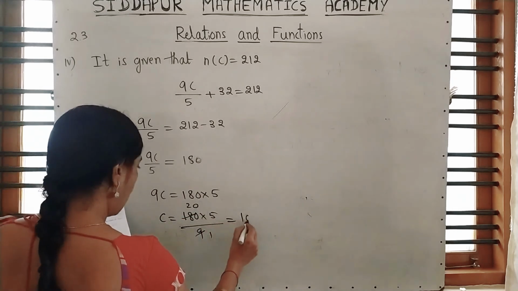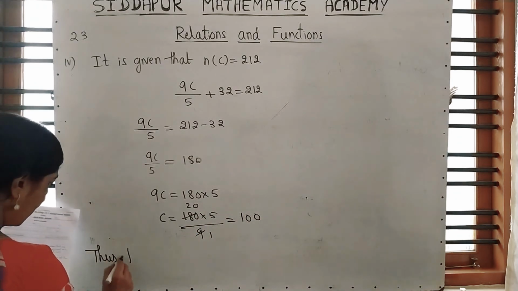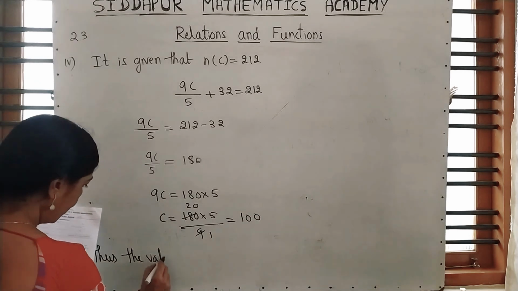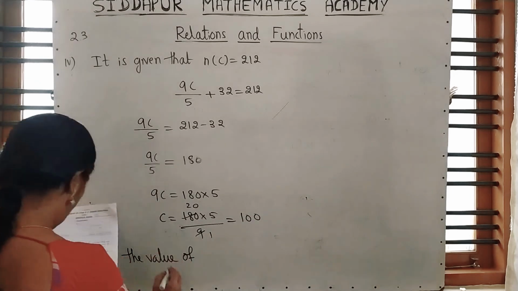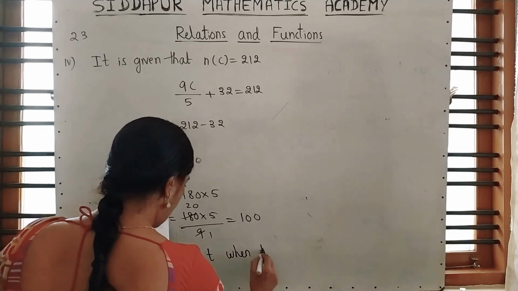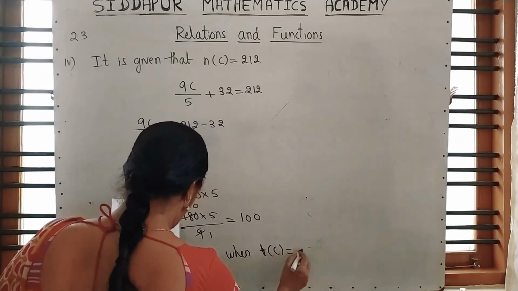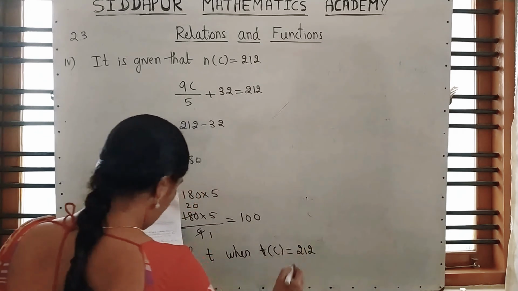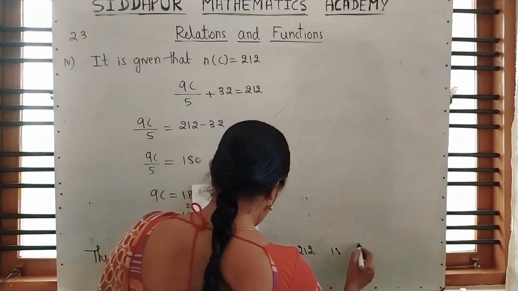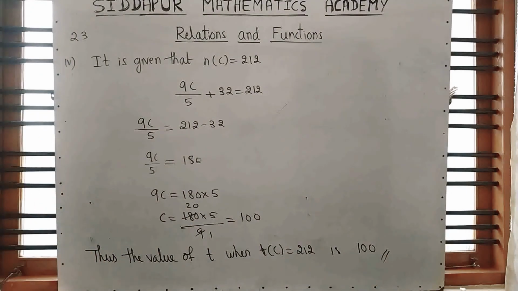So the answer is 100. Thus, the value of C when T of C is equal to 212 is 100. Correct. Moving to the next question.